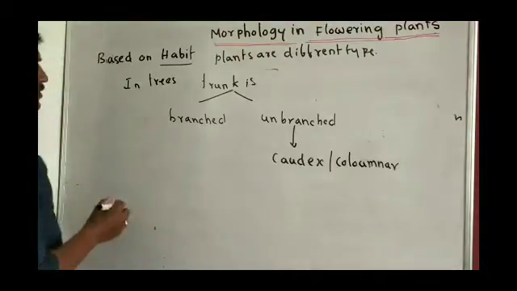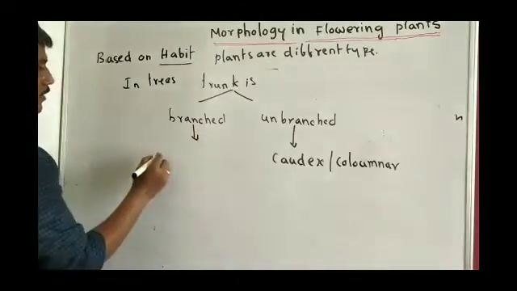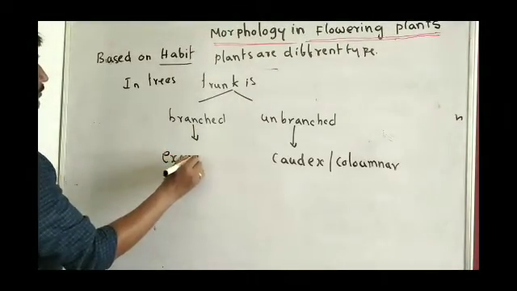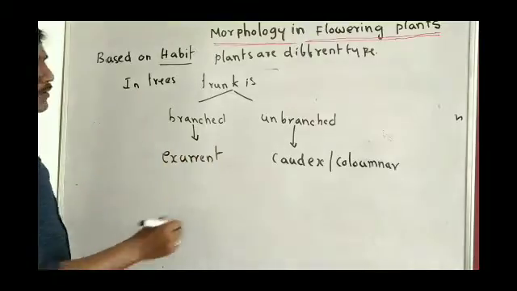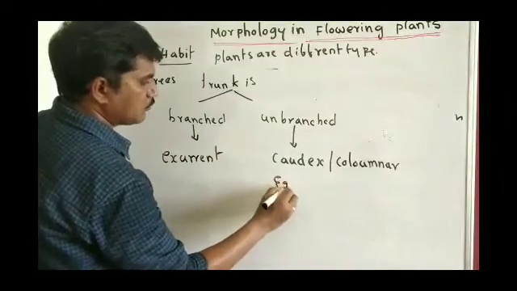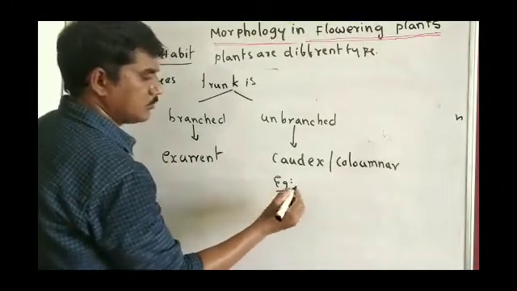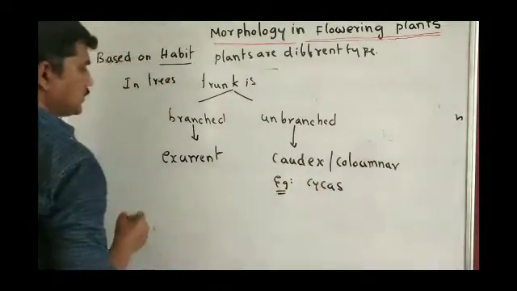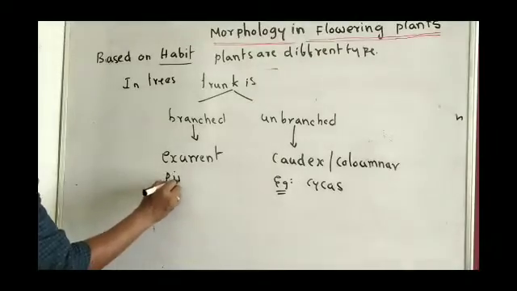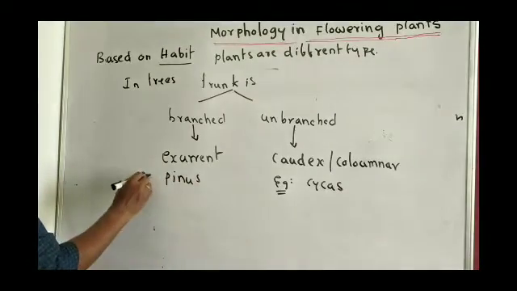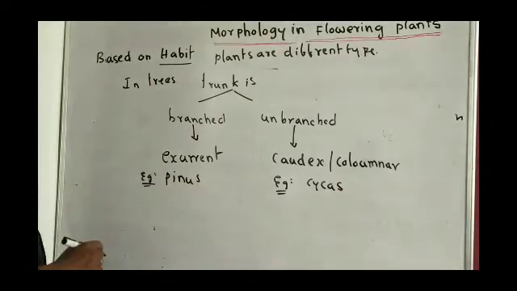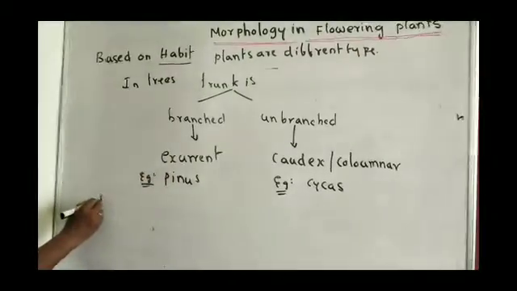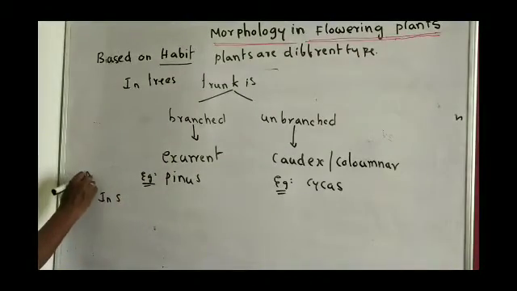In the case of branched form, excurrent. Example for the unbranched form of the trees, you can take cycas. In the case of excurrent, you can take the example pinus. Yes. Very important. Please write this point under the note.